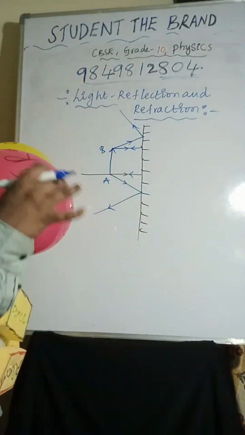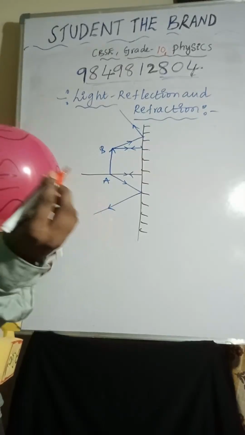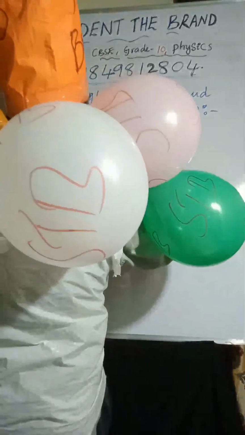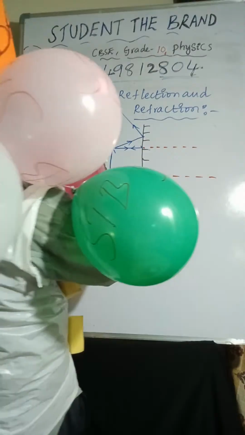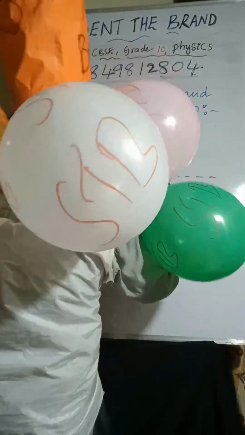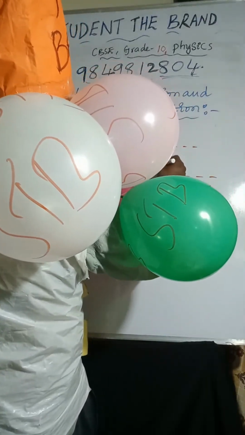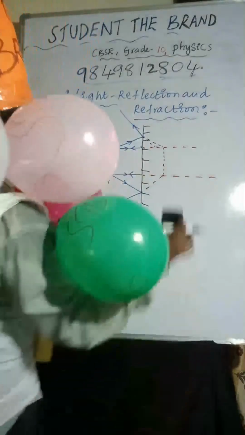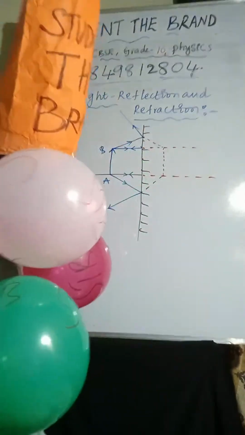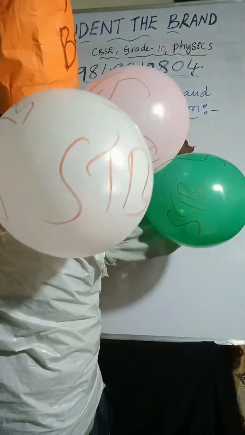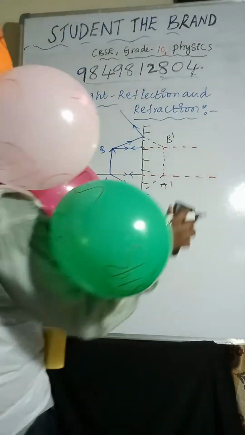If you extend the light rays, we get A dash and B dash.